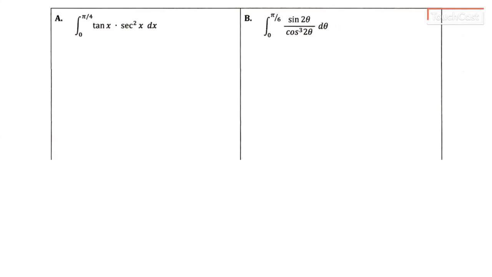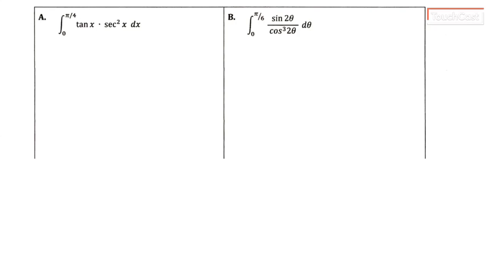So, our first two examples, A and B here. We are going to integrate from 0 to pi over 4 tangent x times secant squared x with respect to x. So, I'm going to start by letting u equal tangent x, because I know when I take the derivative of u, I'm going to get secant squared x dx.